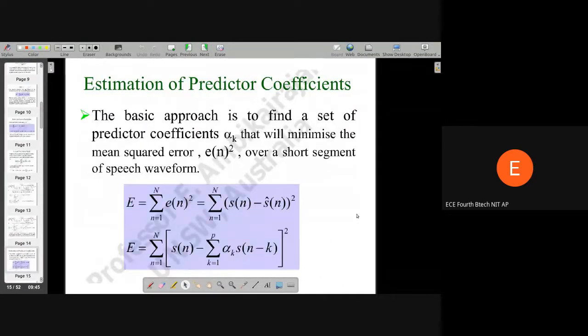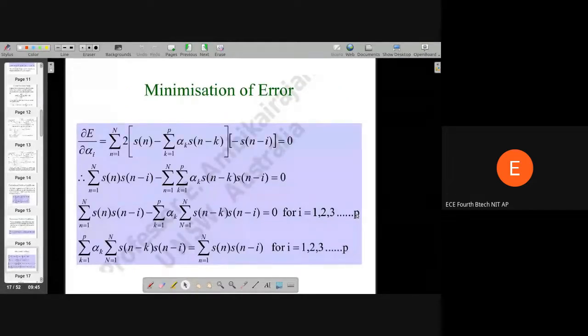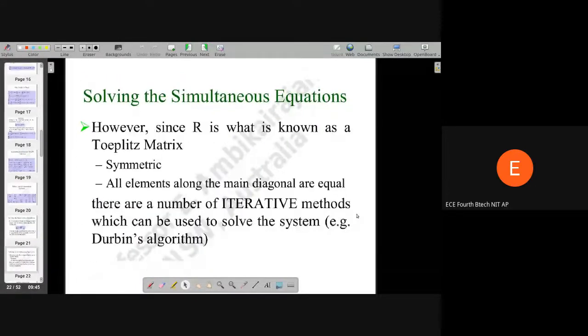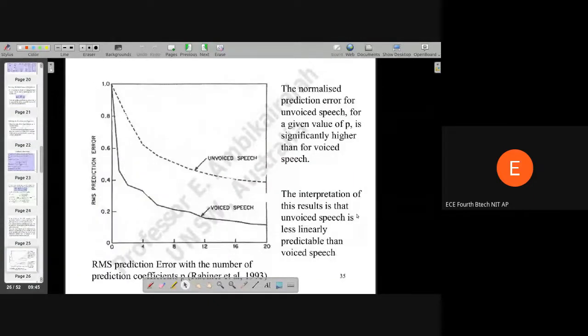And many advantages of LP analysis we discussed. We discussed a little bit about the Levinson-Durbin algorithm also. We discussed the PARCOR coefficients also. We discussed how the order of the LP analysis affects the final analysis, and how it is better or more accurate for voiced speech than unvoiced speech.